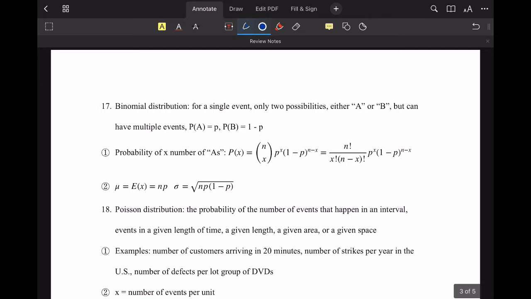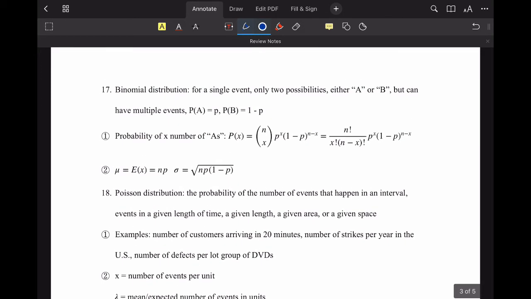Well, we did some exercises in the recitation, and I'm sure everyone has a general understanding of what binomial distribution is. For binomial distribution, for the experiment you're doing, no matter what kind of experiment, for a single event, or I should say for a single sample point, you only have two possibilities.